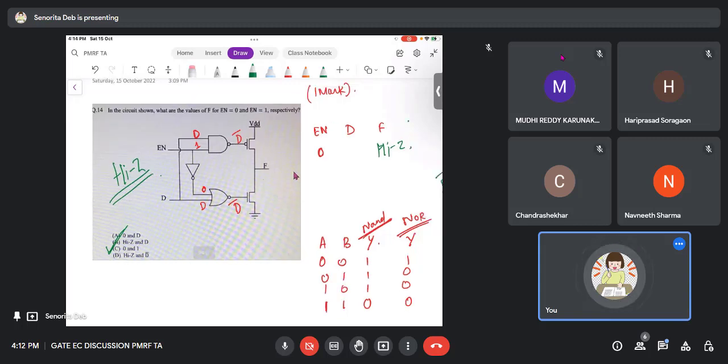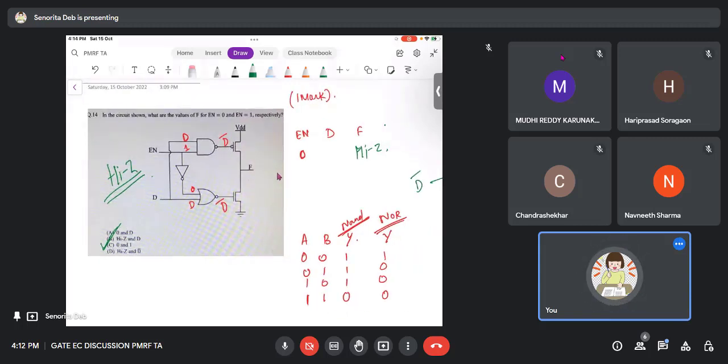Okay, so in this kind of question, silly mistakes might happen, and therefore you may end up taking more time than usual. Otherwise this is a very simple question if you see. But in exams, when you see this kind of simple question, it's better to write the truth table, even if it is memorized in your head, so that silly mistakes don't happen, because that is what we normally do.